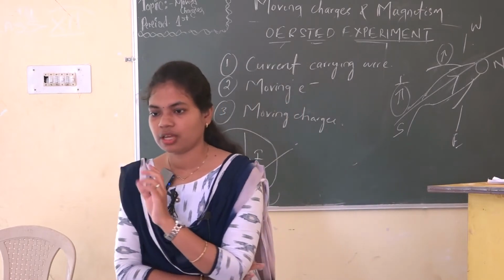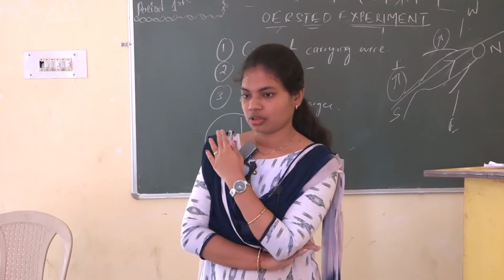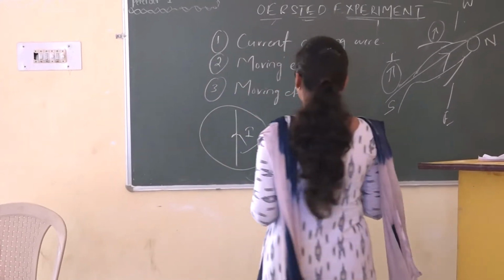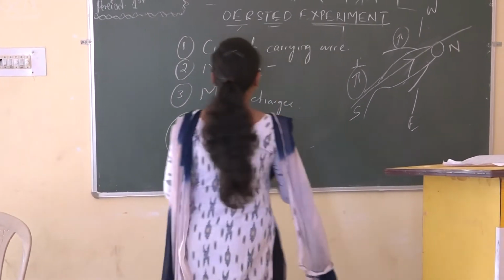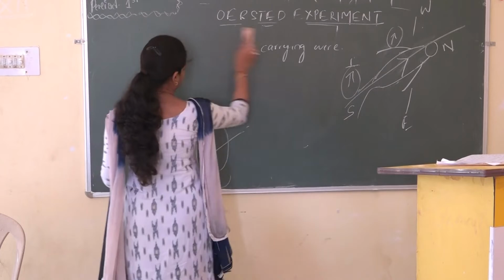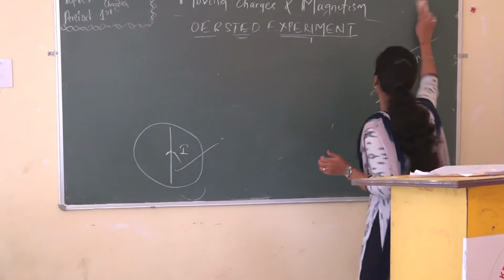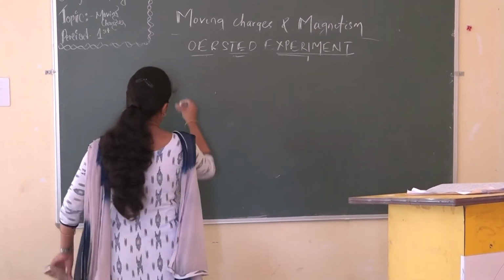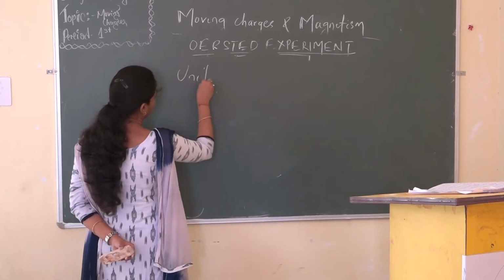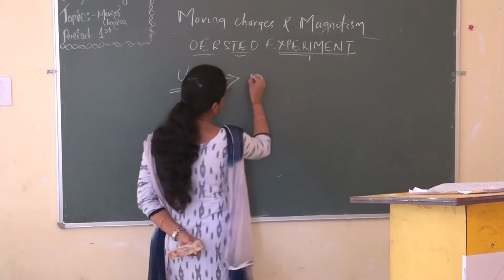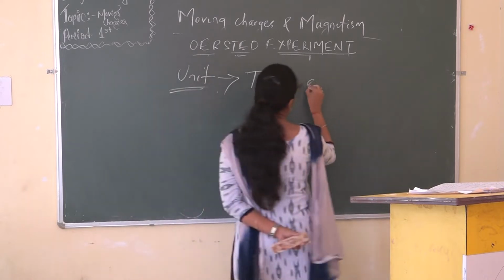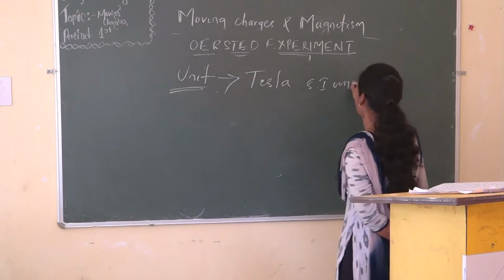Then what is the unit of magnetic field? That is Tesla. The unit of magnetic field is Tesla. It is the SI unit of magnetic field.